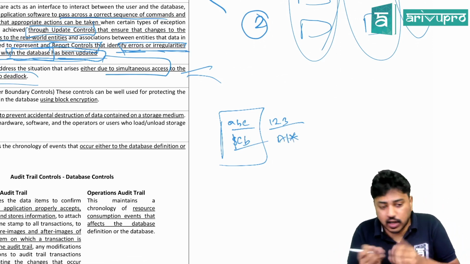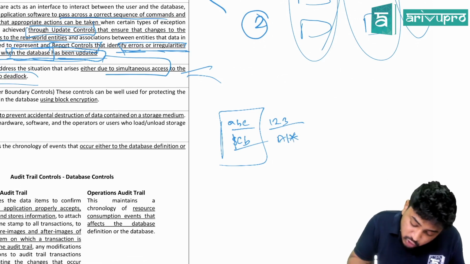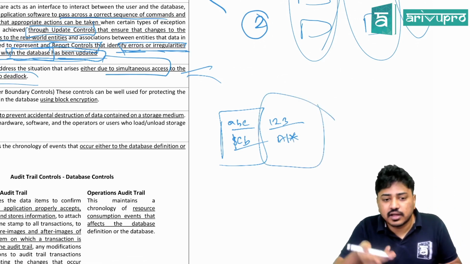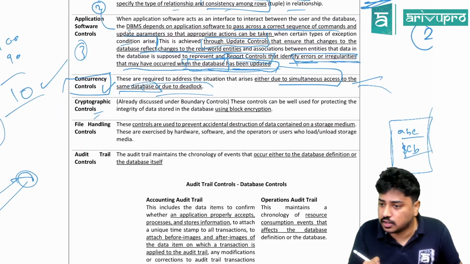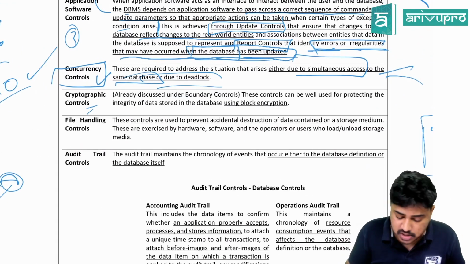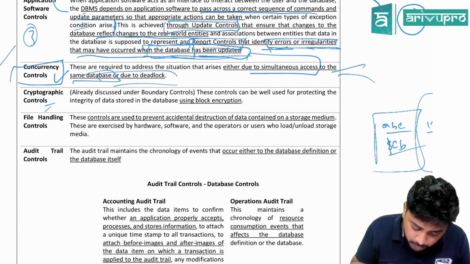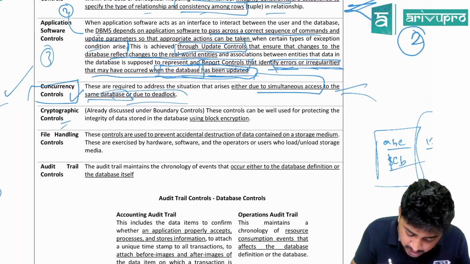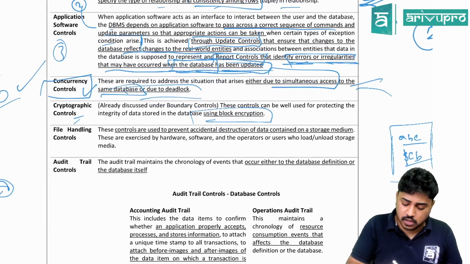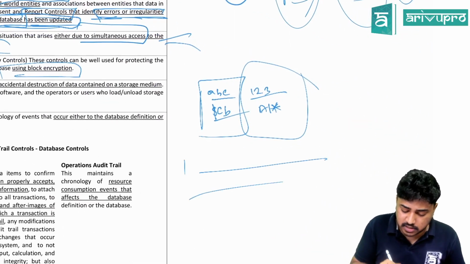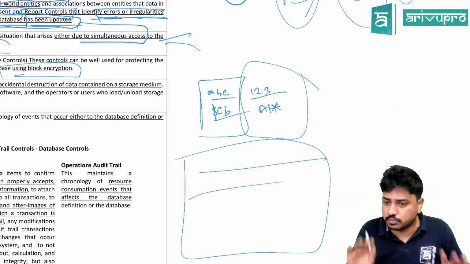Like this. Now it is encrypted. Even if he accesses my database, can he understand anything? No. This is another way of protecting the database. These controls can be used for protecting the integrity of the stored data using block encryption. Instead of individual encryption, they encrypt as a block.